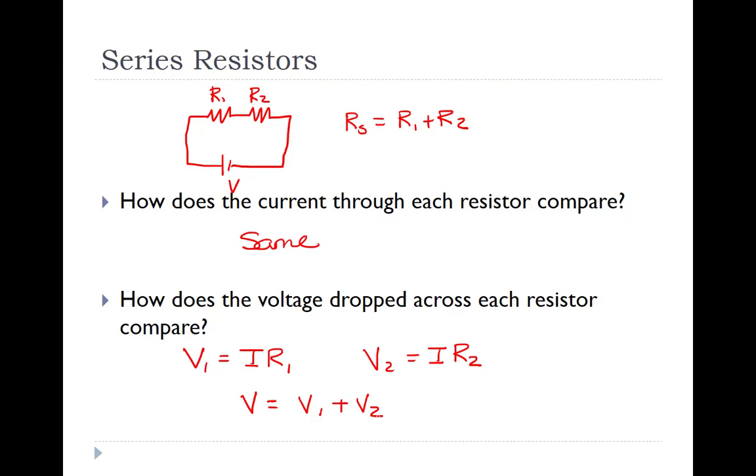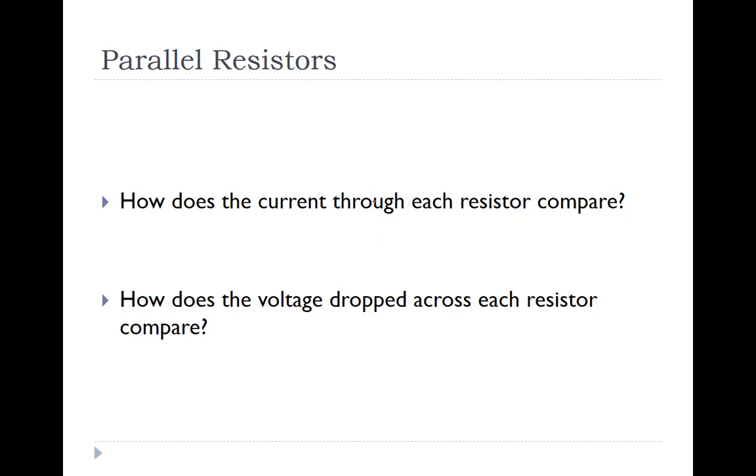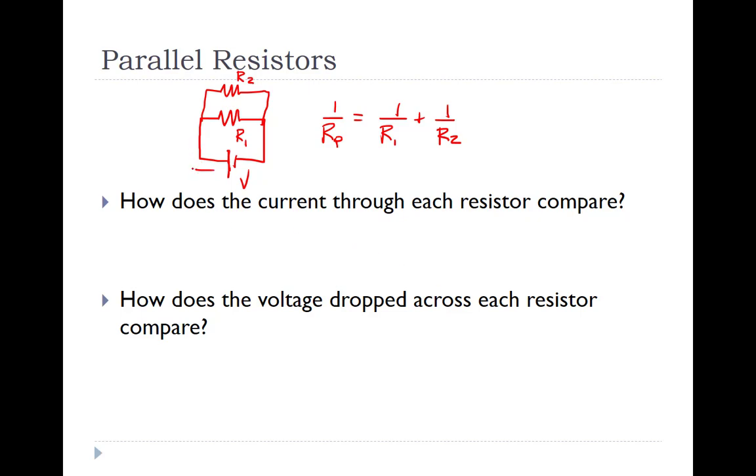That's series resistors. Now let's think about parallel resistors. I've already discussed them a little bit, but I will draw them again. So here they are. Battery voltage V, R1, R2, and 1 over R parallel equals 1 over R1 plus 1 over R2. In this case, we know what happens because we've already discussed what happens at a junction.